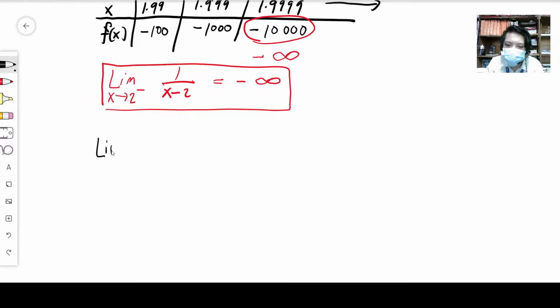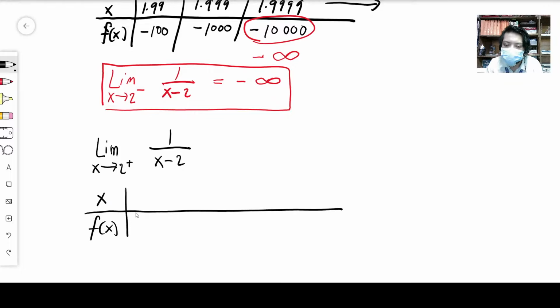So when you solve the limit of 1 over x minus 2 as x approaches 2 coming from the right, you have to construct the table of values x and f of x. Coming from the right, these are 2.01, approaching 2.0001, and so on.